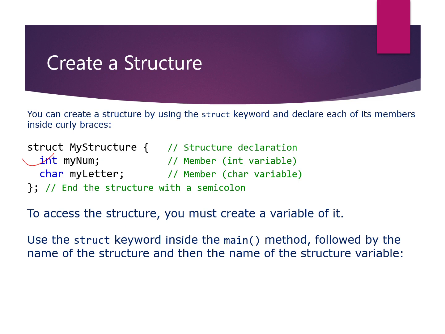We use the struct keyword inside the main method, followed by the name of the structure and the name of the structure variable. So we write the struct keyword whenever we want to declare a structure, and then the name of the structure that we want. If I wanted to create a structure for my name, like Vaishnavi, it can contain my name, my address, and my contact number, which will also be character type.